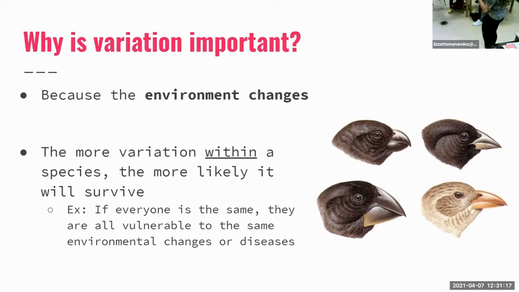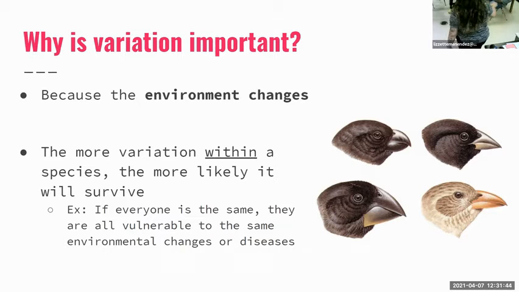Even as humans, and we have a lot of ability to control things, we can't control things like the weather. We can't control other people. So we have to be able to adapt to colder temperatures, hotter temperatures, other people's behaviors around us, whether it's dangerous or safe. The more variation that we have in our population, the more likely that someone is going to survive.